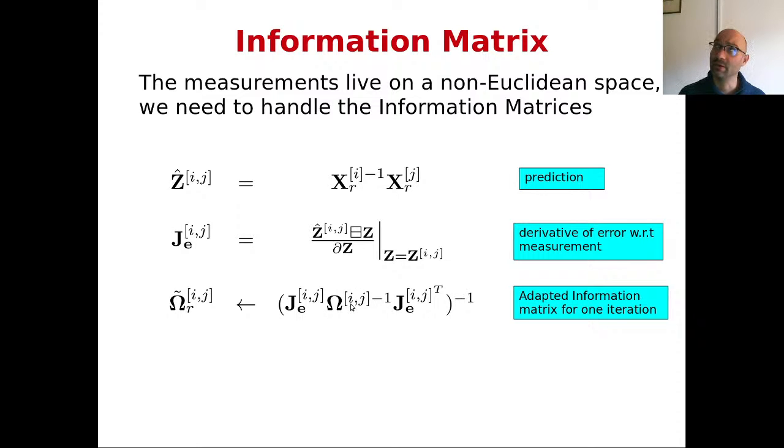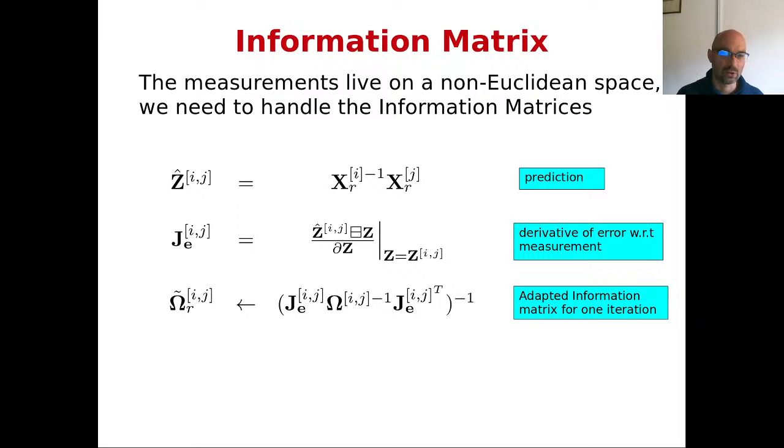I have in theory 12 numbers, because you have 12 active numbers in Z, R and T, and so I will have a covariance matrix which will be 12 by 12, and I have to project it back to an error which has dimension 6.